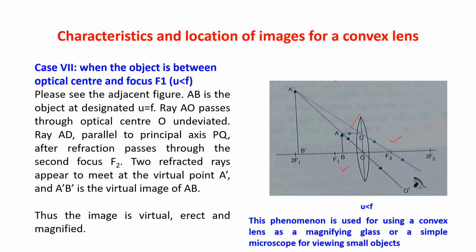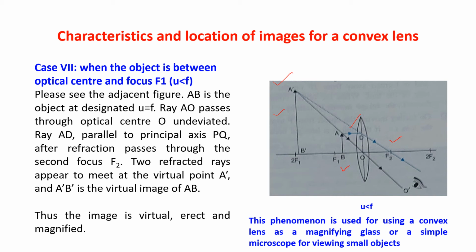Now these two rays will appear to meet at a point A dash. That is a virtual point, so for that we have to extend both lines in the backward direction. So what we are getting, A dash B dash, is a virtual image of AB. Am I clear? So the image formed here is not real, it is virtual; it is not inverted also, it is erect, and it is a magnified image.